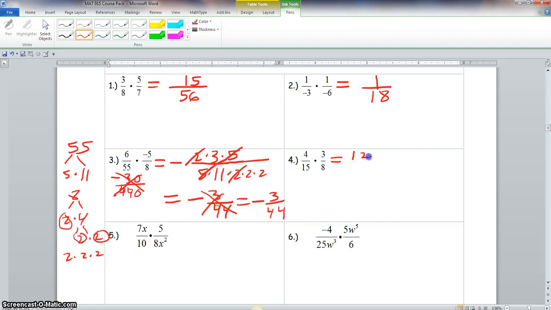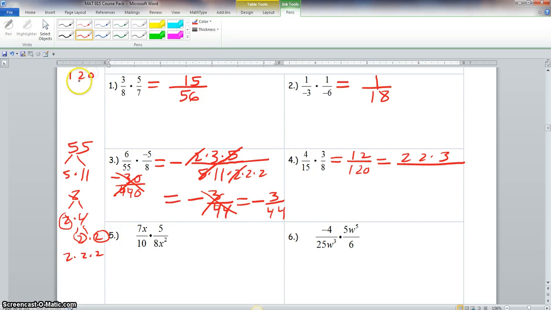4 times 3 is 12, and 15 times 8 is 120. Now we have to determine what 12 and 120 have in common, or we could do the prime factorization here at the end. 12 breaks down to 2 times 2 times 3, and since we never did 120, I'm going to write 120 out.